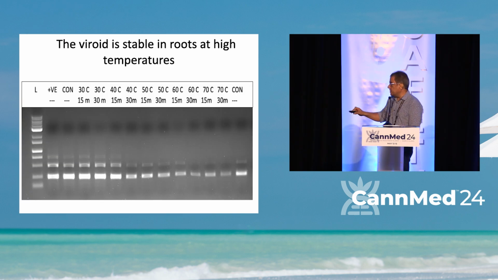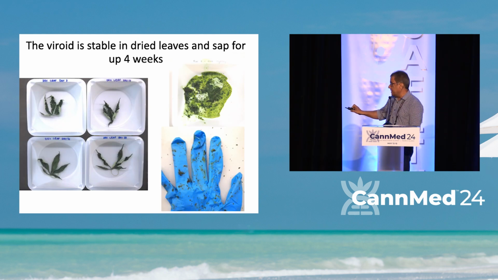We looked at temperature, once again, going from 30 degrees all the way to 70 centigrade, 15 to 30-minute exposures. The viroid is still stable. The upper bands here, which are probably the linear bands, are removed, but notice, extremely heat stable. We looked at dried sap and leaves survival up to 4 weeks, just lying on the tabletop in the lab.